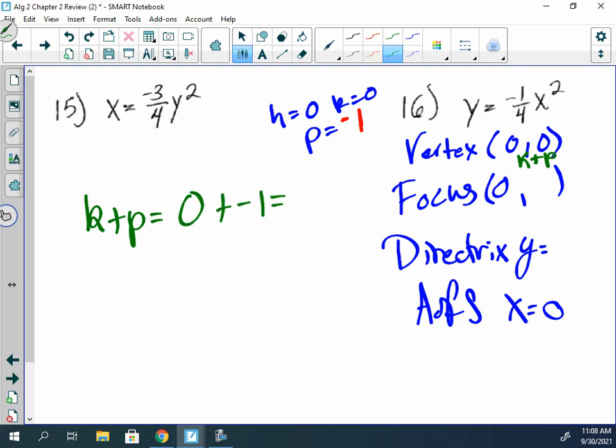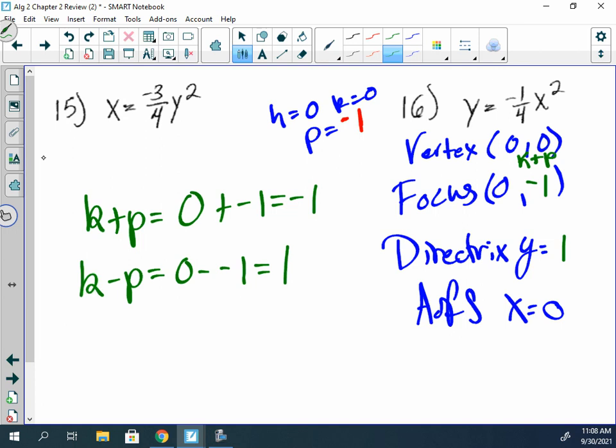P is negative 1. So 0 plus negative 1 is -1. That directrix would be k minus p, so 0 minus -1. And 0 minus -1 is 1, because a negative and negative would make a positive. And that's it.